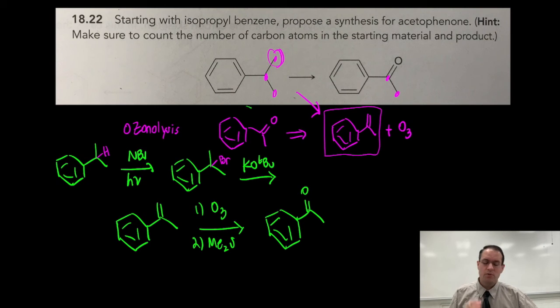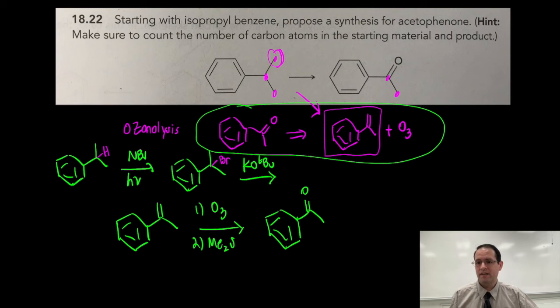Okay, so the key to doing this problem is outlined here in purple. You should have your ozonolysis reactions that we learned way back in chapter 8 or 9, I believe. And so remember that these bonds can be cleaved and you can create a carbonyl. You can create an aldehyde or a ketone from an alkene.